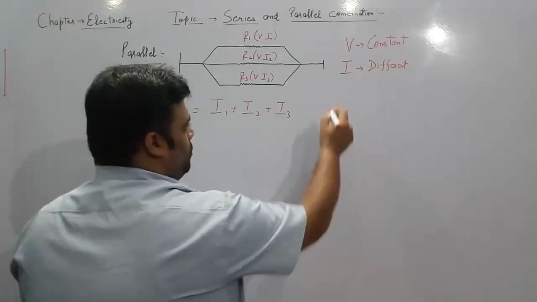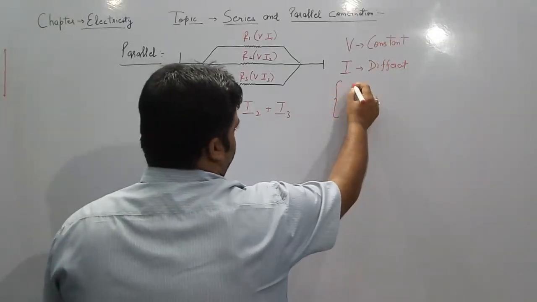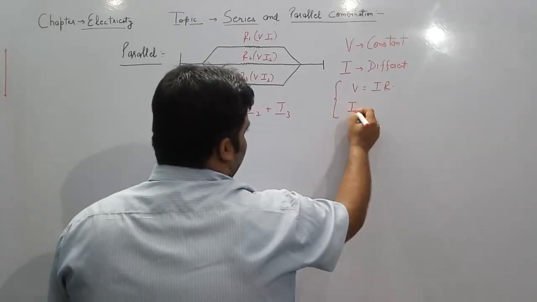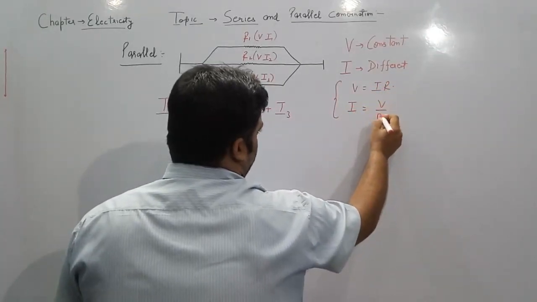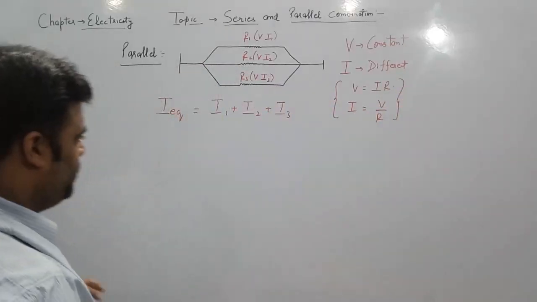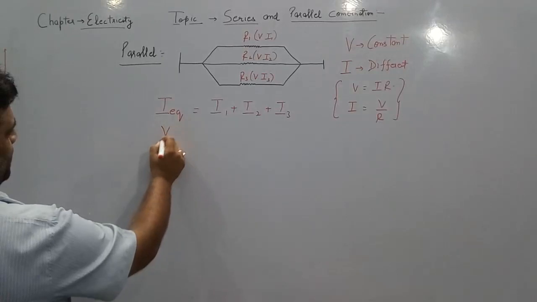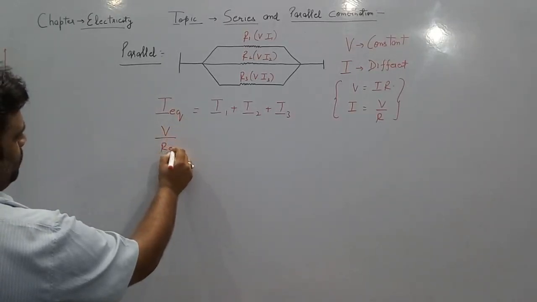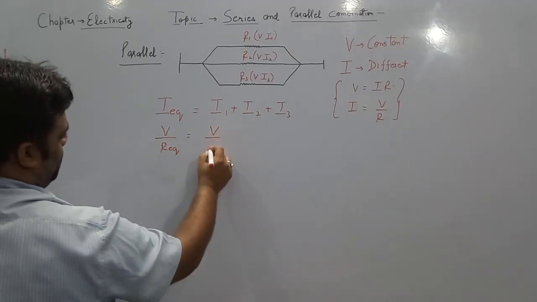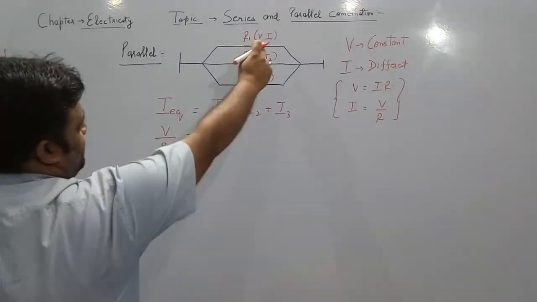According to Ohm's law, we have discussed V is equal to IR or I is equal to V upon R. If we place this value of I here, it will be V upon R equivalent is equal to V upon R1 at I1.